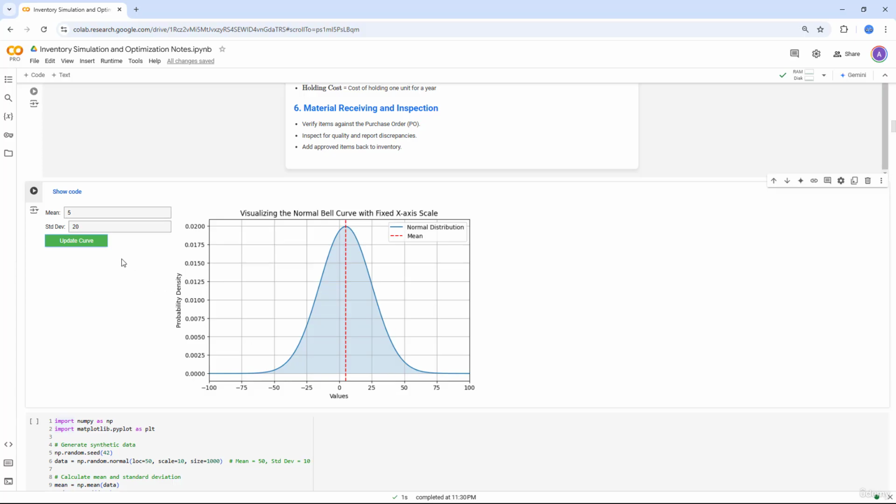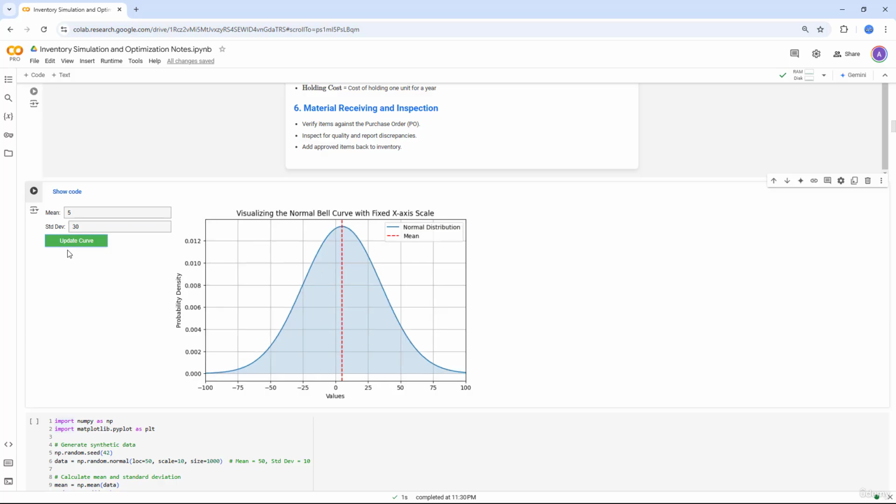You can see that. And if I keep on increasing this value, it will spread out more. And what that means for us in terms of our inventory process is that the variation in terms of our lead time or demand will increase, and we have to subsequently model our other factors or parameters like safety stock, service level, etc. in the same manner.